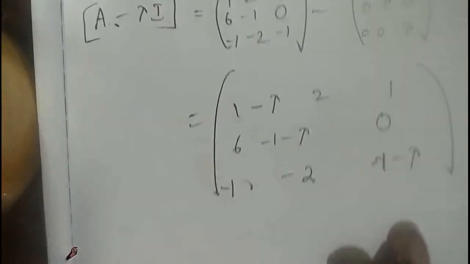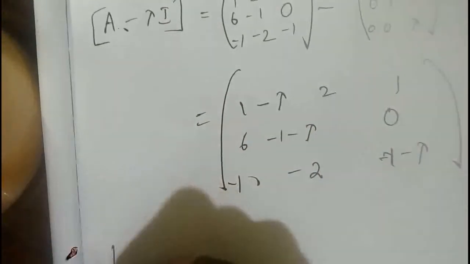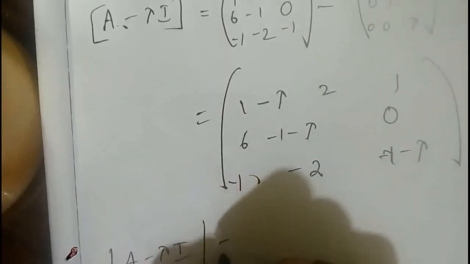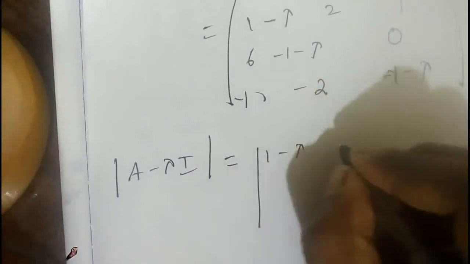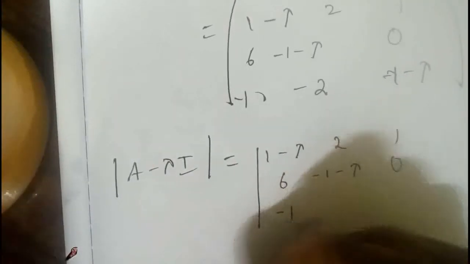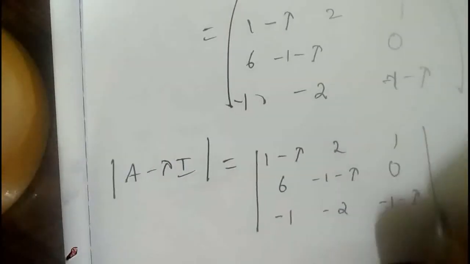Then find the determinant. Determinant of A minus lambda I equals the determinant of 1 minus lambda, 2, 1, 6, minus 1 minus lambda, 0, minus 1, minus 2, minus 1 minus lambda.